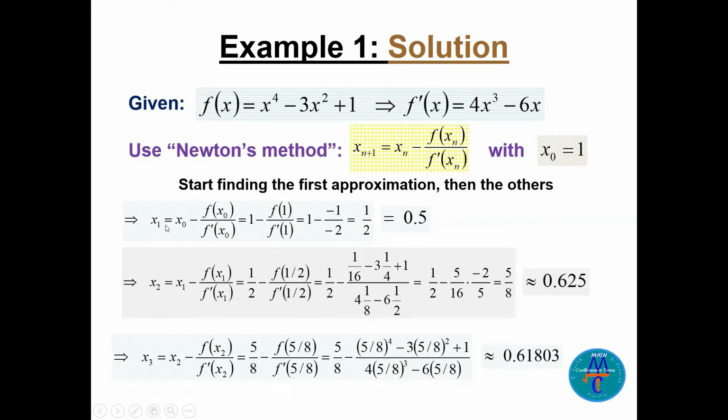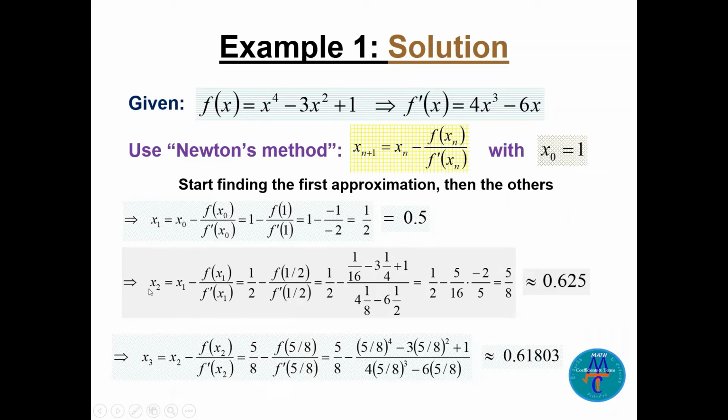So I get x sub 1 is equal to x sub 0 minus f of x sub 0 divided by f prime of x sub 0. I know x sub 0 is 1, so I put 1 here, and then I replace 1 in the function, and then I replace 1 in the derivative also. So I start calculating. I get here half, which is 0.5. That's the first approximation of the zero, close to 1.